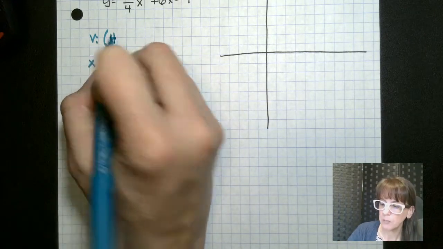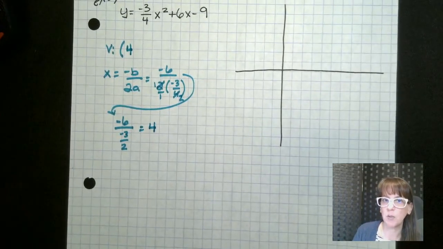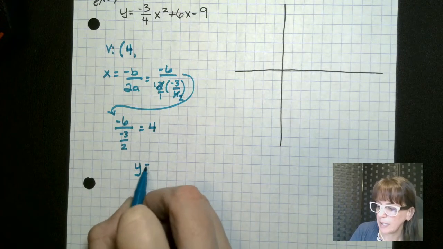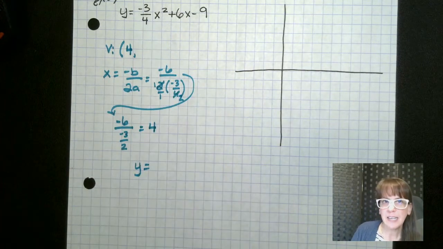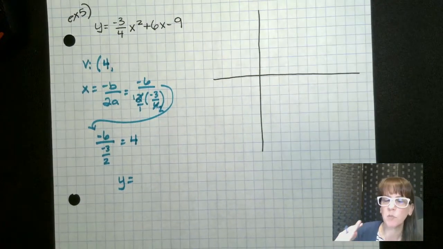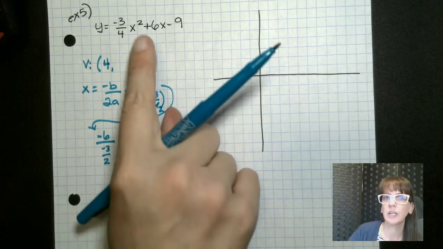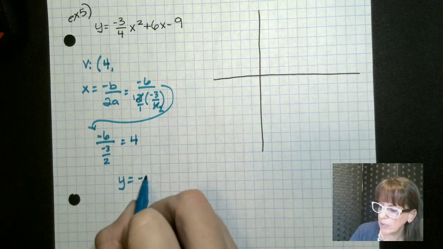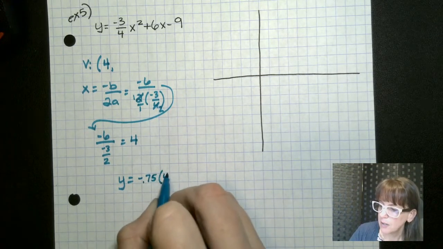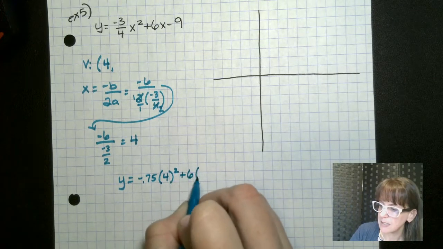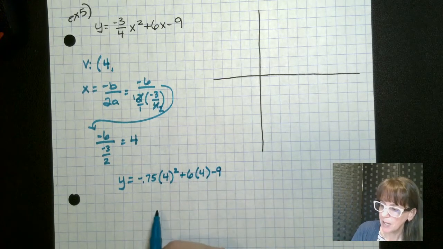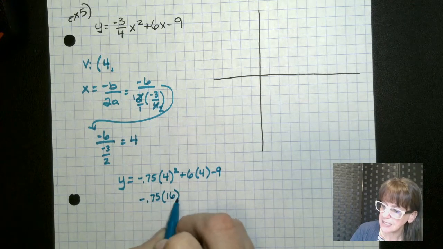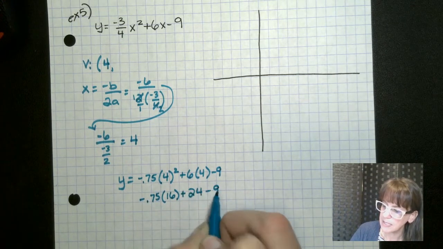So the vertex here, we've got x is 4 so far. Now, in order for us to find the next part of it, we've got to plug it in. Y equals. In this case, I'm okay with you using decimals, but you want to double check with your teacher just to make sure. Remember, 3/4 is just 75 cents, 3 out of 4 quarters. So negative 0.75 times 4 squared plus 6 times 4 minus 9. Okay, so we've got negative 0.75 times 16 plus 24 minus 9.